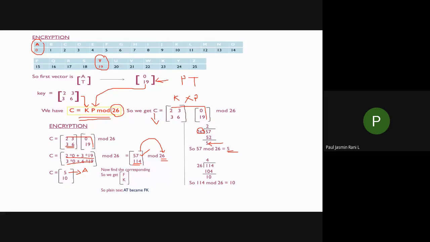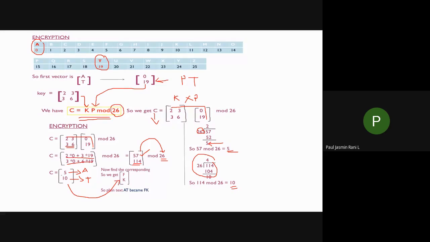Next one, for this 114, after doing the modular function, you get a value of 10. So for this plain text AT, you got the ciphertext values 5 and 10. After this, you have to convert those into alphabets.